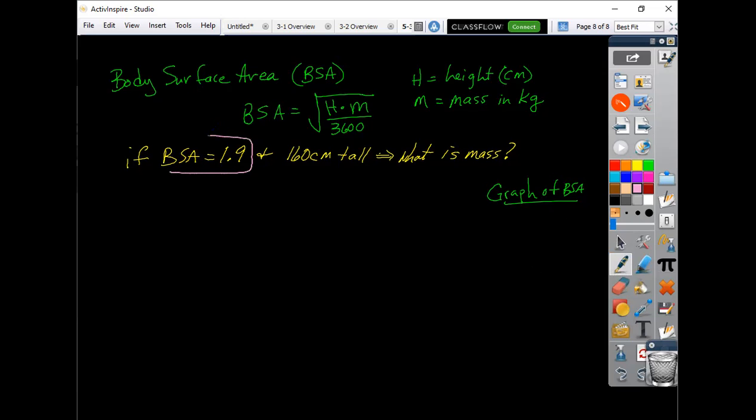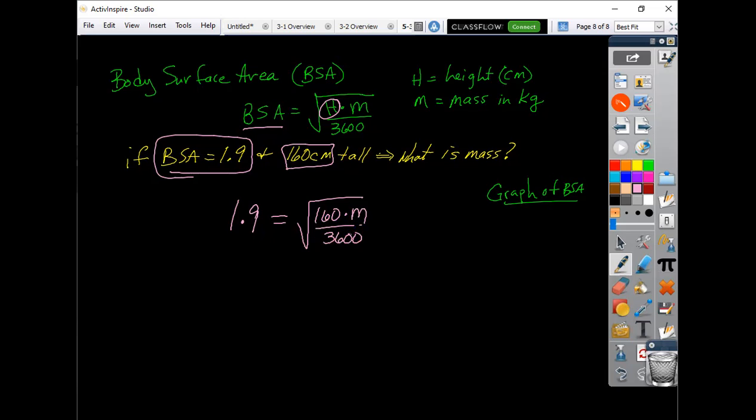So my BSA would go here, 1.9, and then my height in centimeters right there. And we're looking for the mass. And I believe this is an actual formula that is used.